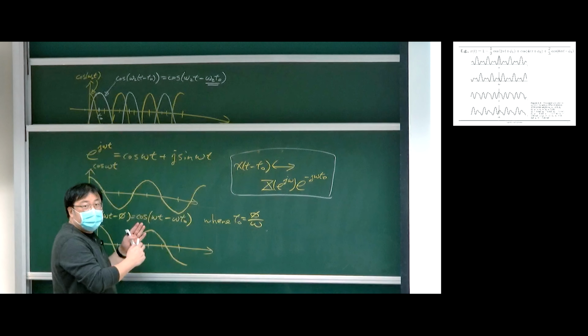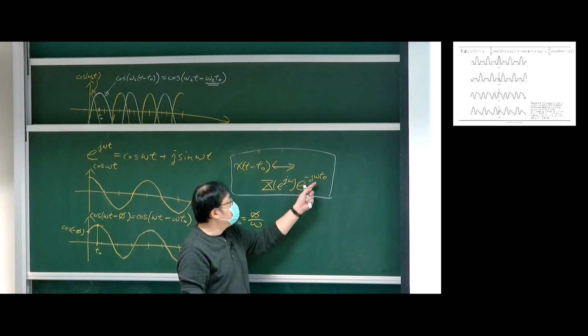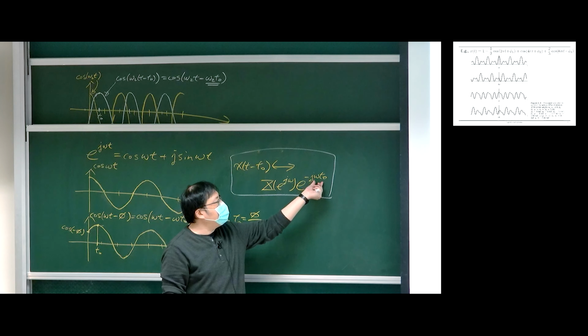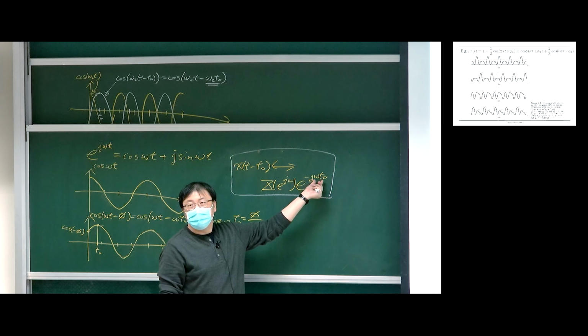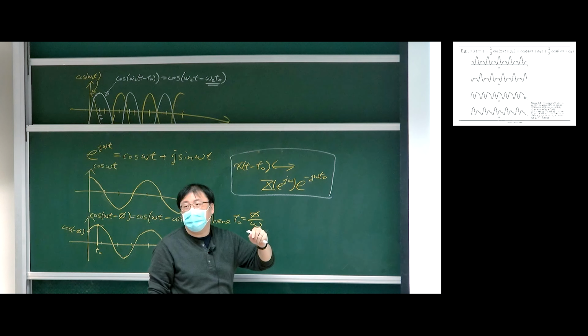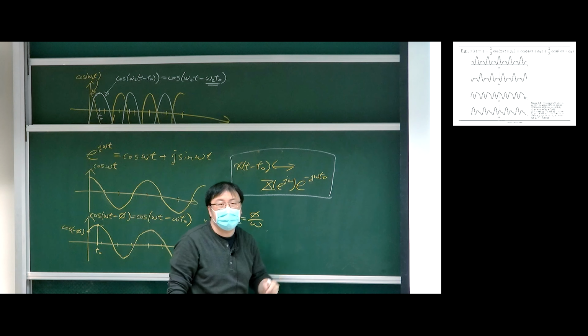Now, if they do not have a phase shift that is linear in omega, then what would happen?